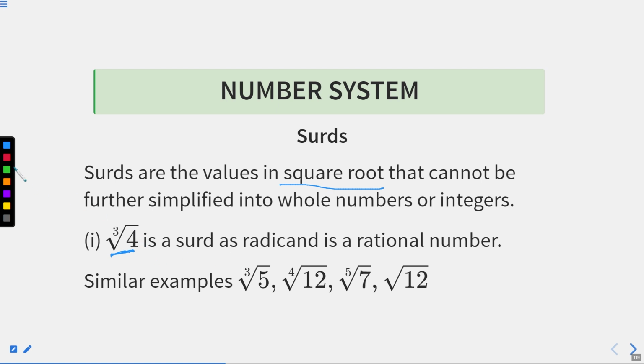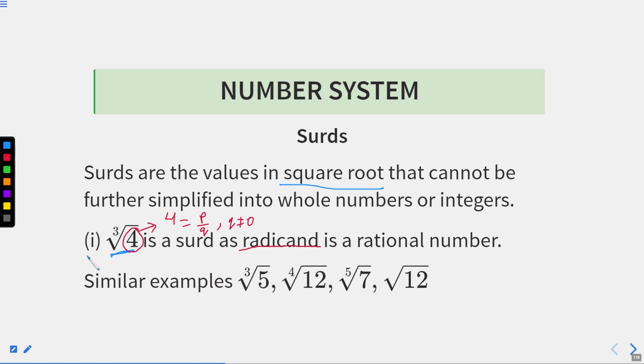And we say the quantity under this root is named the radicand. From the definition of a rational number, we can easily say that this 4 is a rational number, because we can write it in the form of p upon q, where q is not equal to 0. Clear?